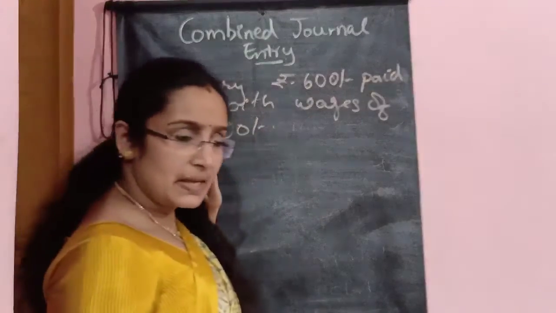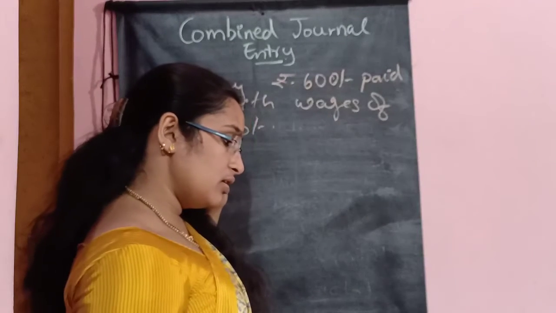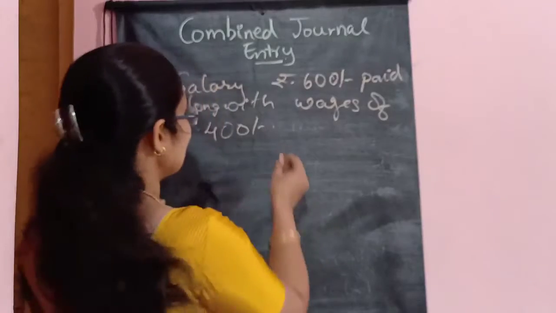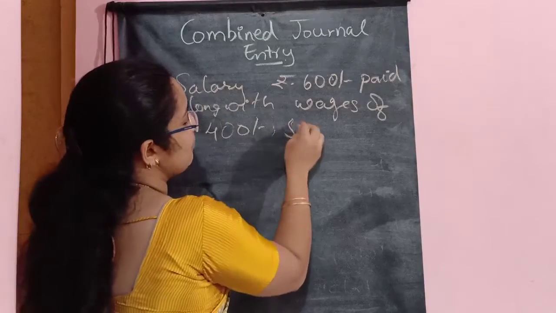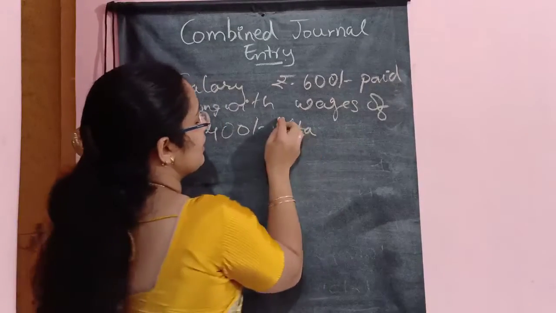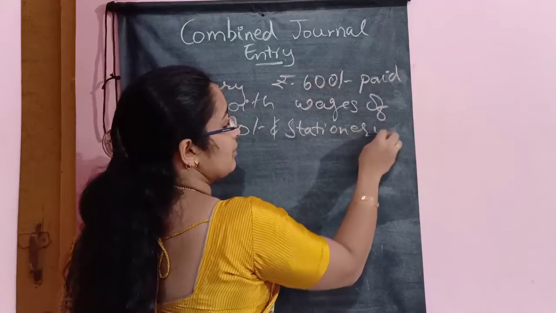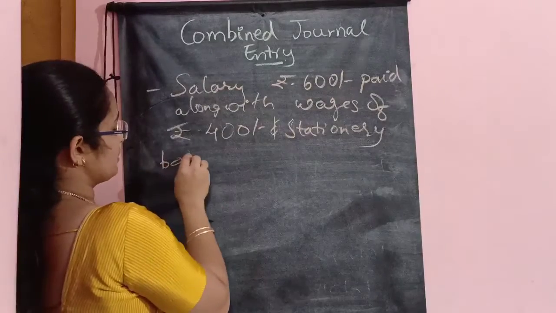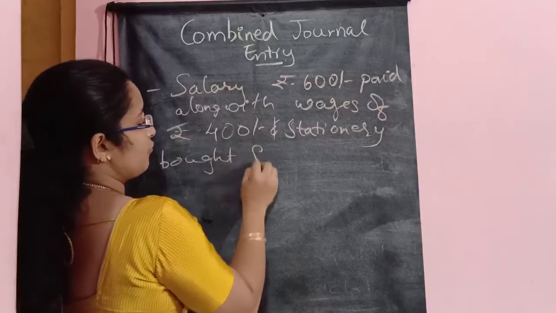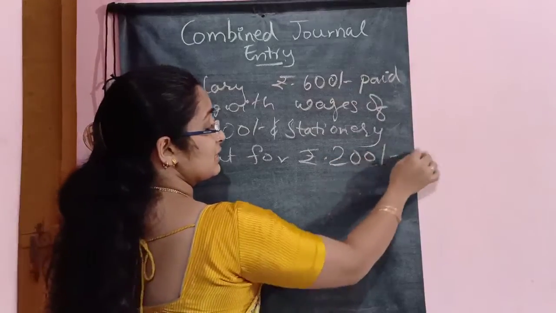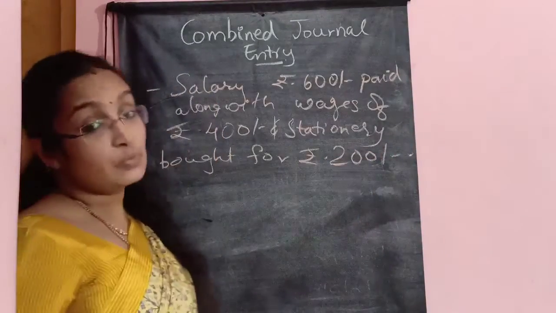Along with this is paid, and even one more, let's add the expense of stationery, right? Stationery bought for rupees 200. So for this we can write three journal entries.